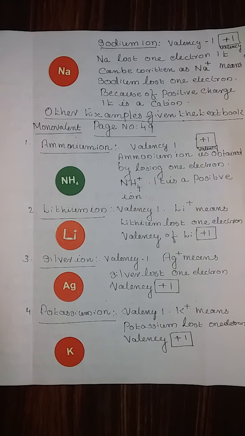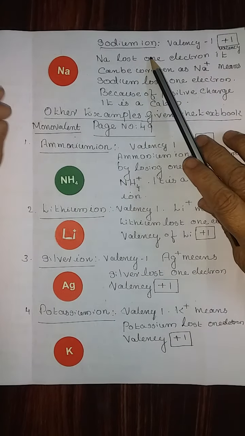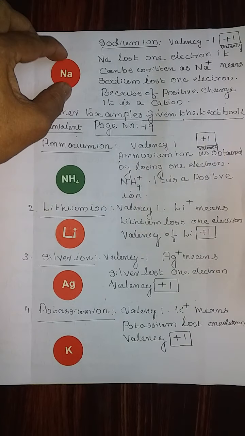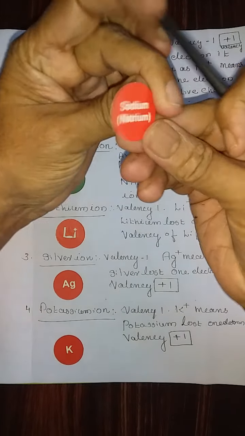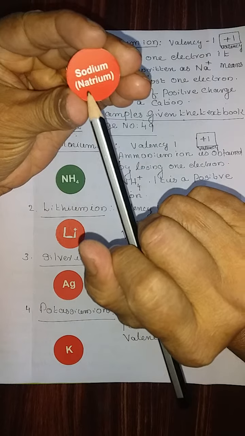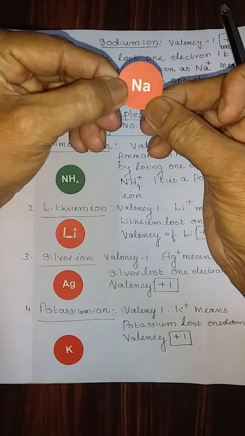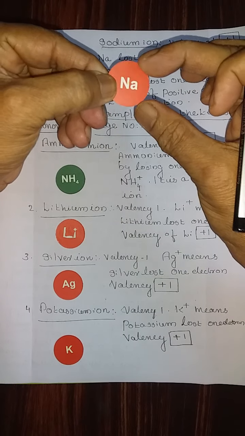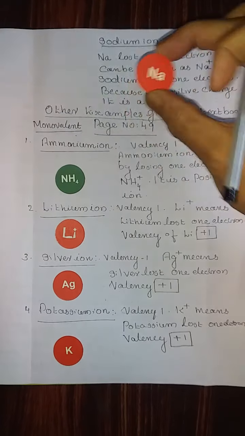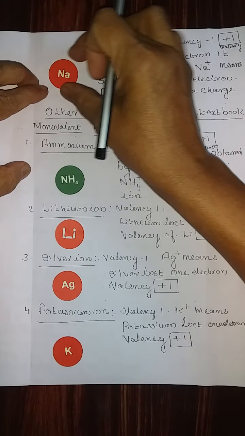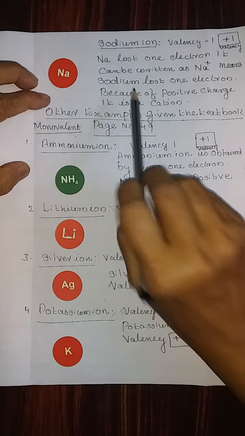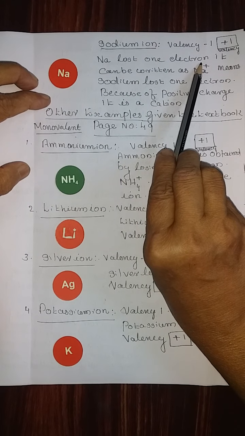Other examples: sodium ion. Sodium, you know the full name sodium, Latin name natrium, and its symbol is Na. You already know the valency of sodium is 1. Now, this sodium can lose 1 electron.